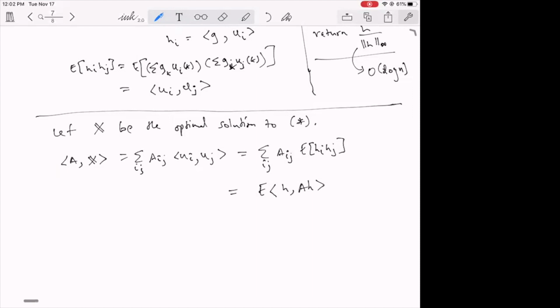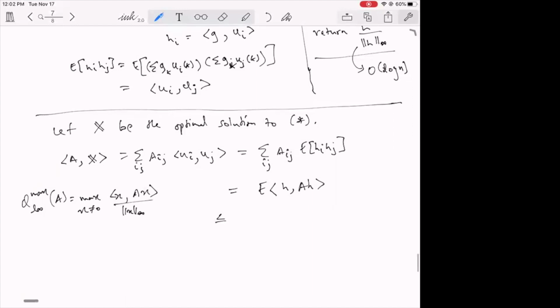Now by the definition of quadratic maximization, right? Just a reminder, quadratic maximization over L infinity of A can be alternatively defined as maximum of X inner product AX, X is non-zero, divided by X infinity norm squared.